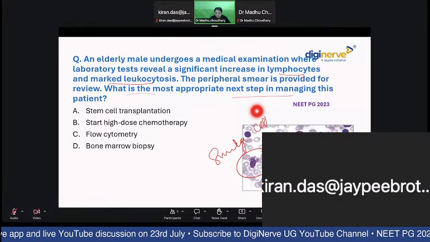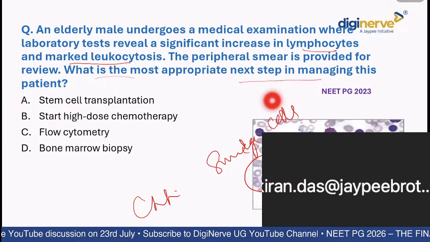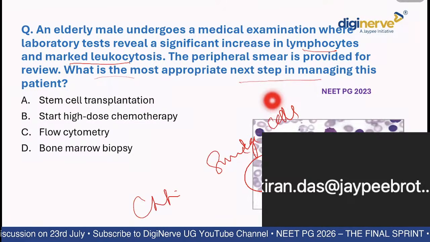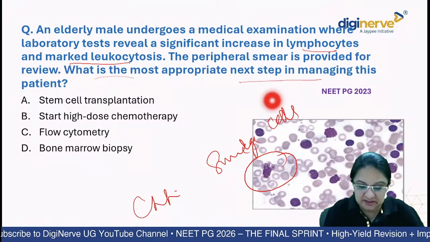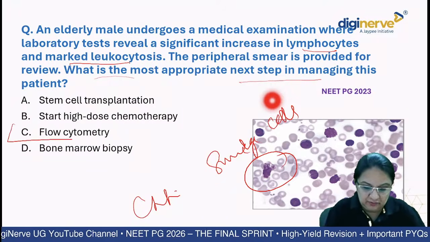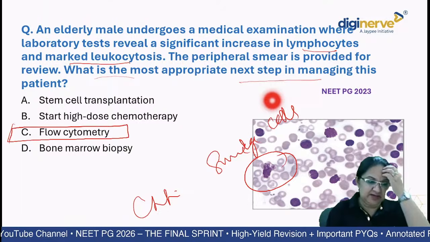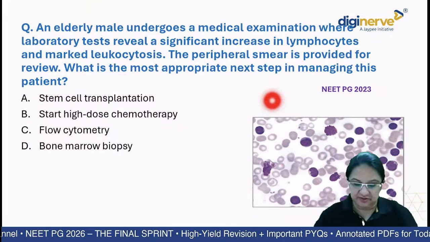So this is the case of CLL. Now, what is the most appropriate next step in the diagnosis and then managing the patient? You have to do a flow cytometry, right?